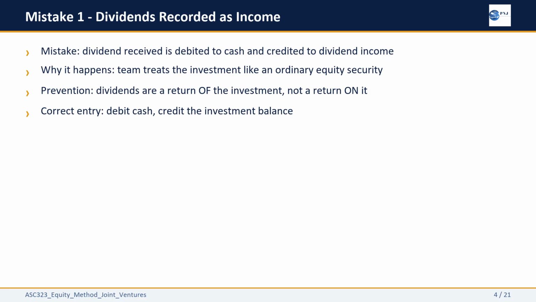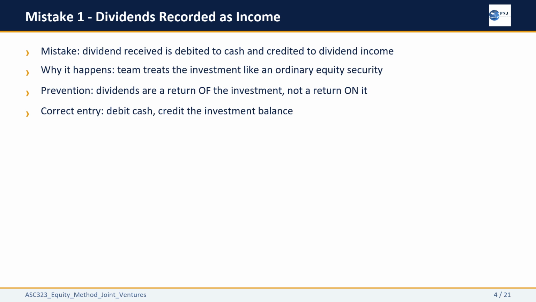The first and most common mistake is recording dividends as income. When a dividend arrives from the investee, the instinct is to credit dividend income, because that is how dividends work for ordinary equity securities. Under the equity method, that is wrong. A dividend from the investee is a return of capital, not income.